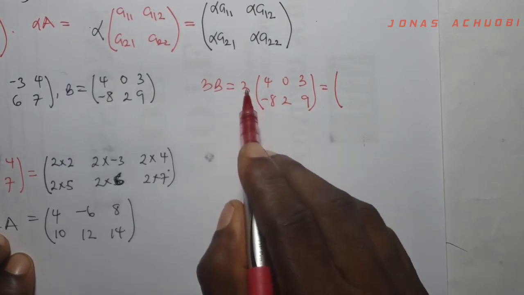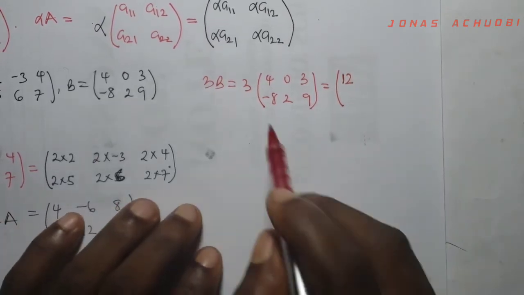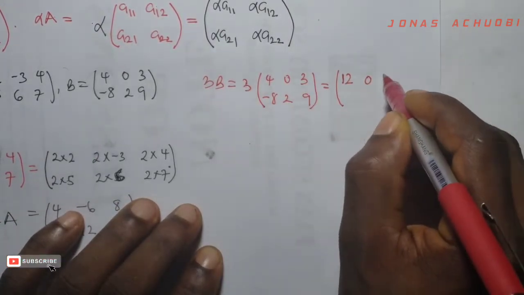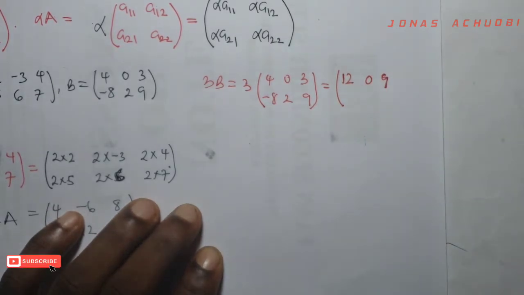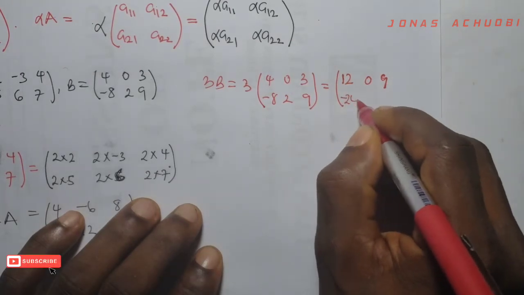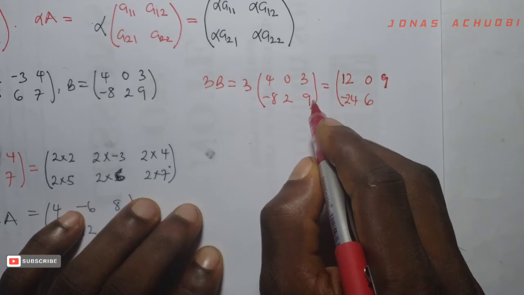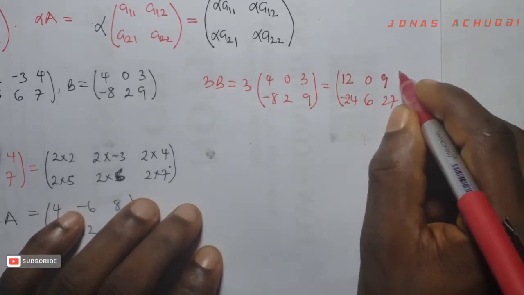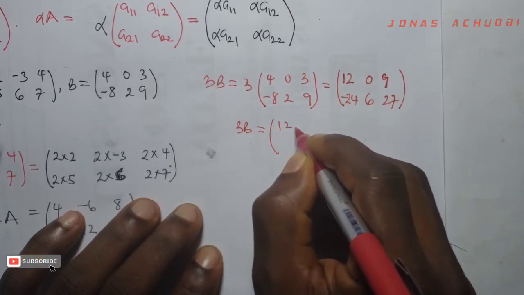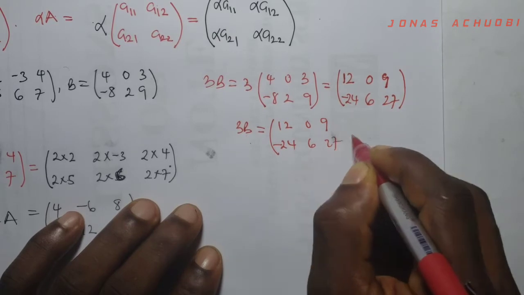So I'll do it directly now. 3 times 4 is 12. 3 times 0 is 0. 3 times 3 is 9. I'm done with the first row. Now second row. 3 times negative 8 is negative 24. 3 times 2 is 6. 3 times 9 is 27. So 3B is equal to 12, 0, 9, negative 24, 6, and 27.